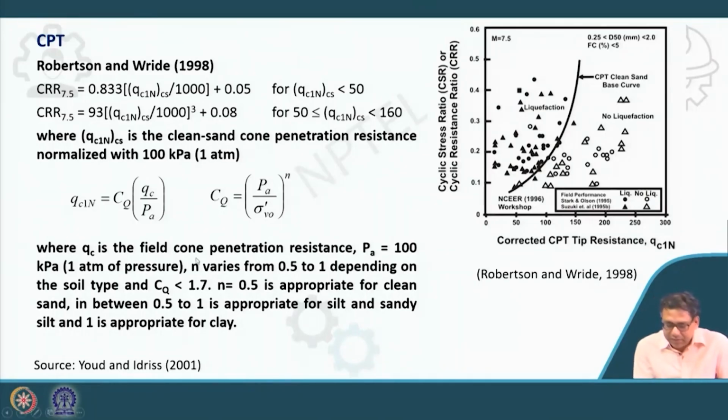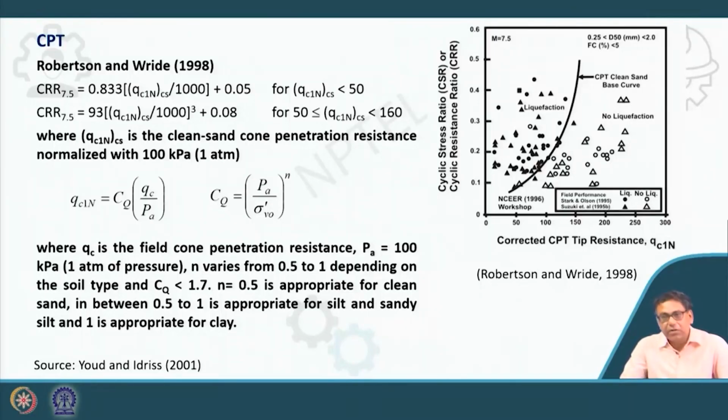So, qc is the field cone penetration resistance, Pa is equal to 100 kPa, n varies from 0.5 to 1 depending upon soil type, and CQ is less than 1.7. Now, n equal to 0.5 is appropriate for clean sand, between 0.5 and 1 is appropriate for silt and sandy silt, and 1 is appropriate for clay.